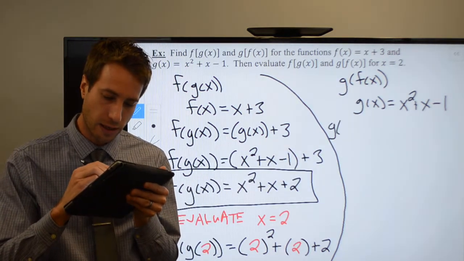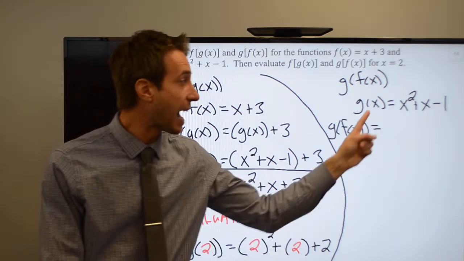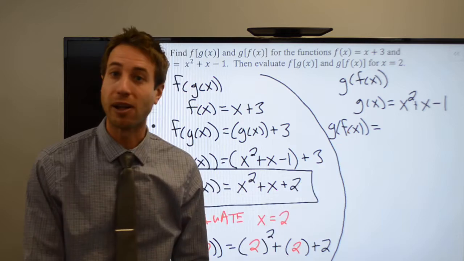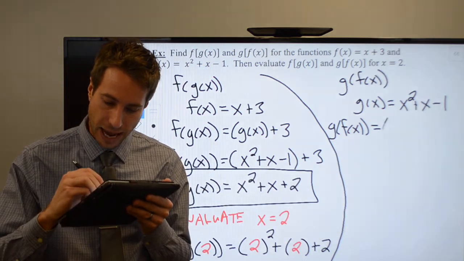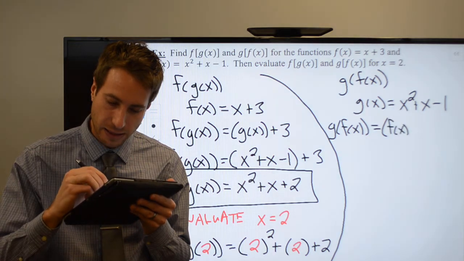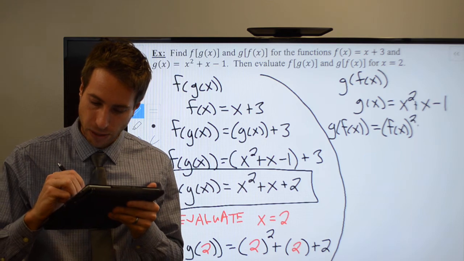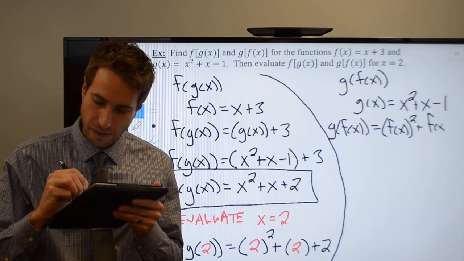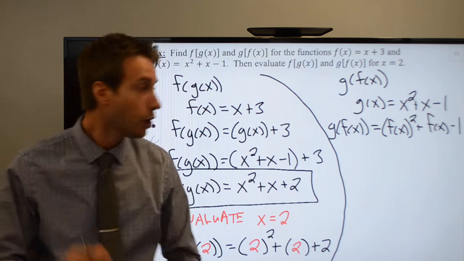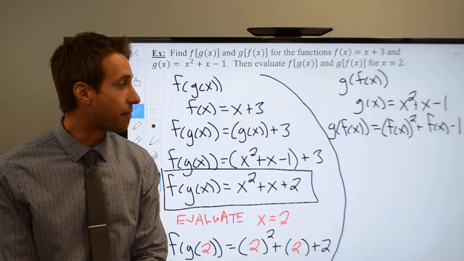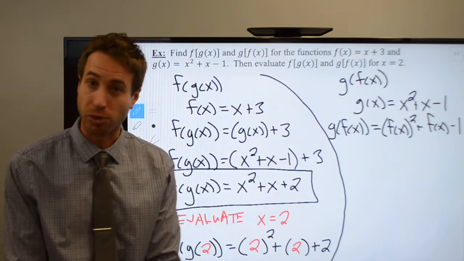So g of f of x means everywhere I have an x, I'm going to plug in an f of x. Well, there's an x right there, so I'm going to have f of x squared. There's another x, so plus f of x minus 1. Well, what is f of x? The function f of x is x plus 3.